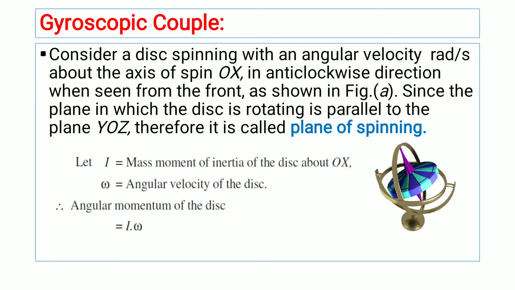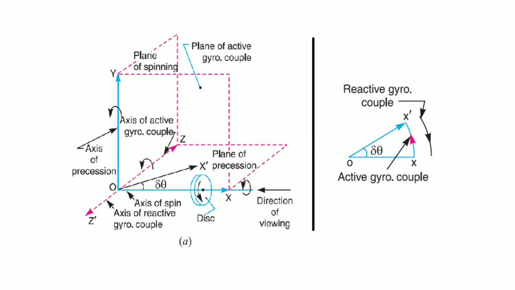Consider a disc spinning with an angular velocity omega radian per second about the axis of spin OX in anti-clockwise direction when seen from the front as shown in the figure. So here let us consider a rotor. The rotor is rotating in anti-clockwise direction when it is seen from this end.